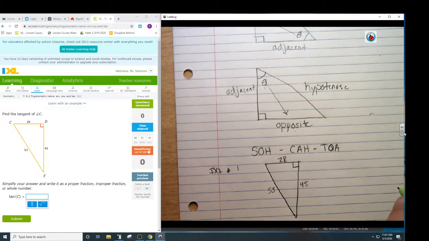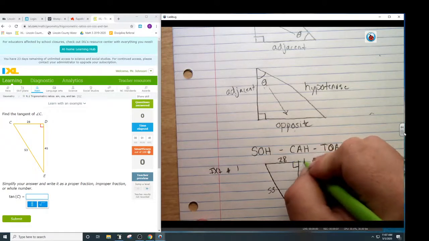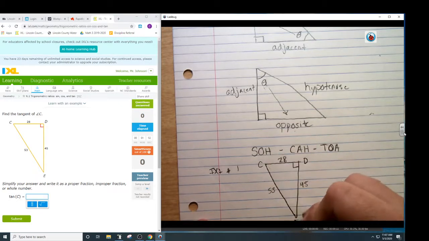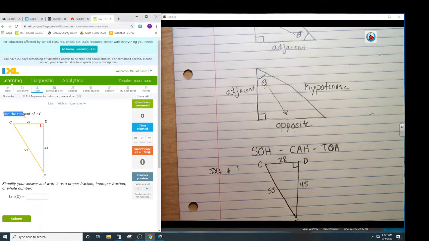It says to find the tangent of E, and you're going to write the letters D, C, E. Find the tangent of C.